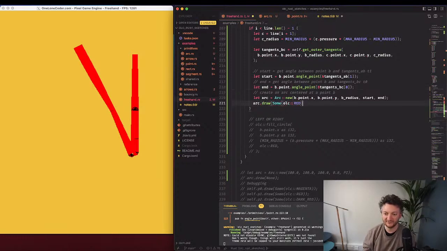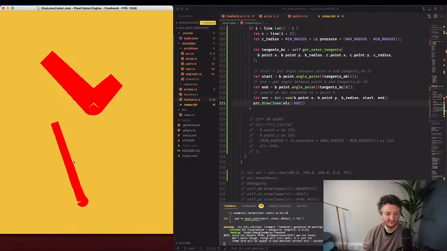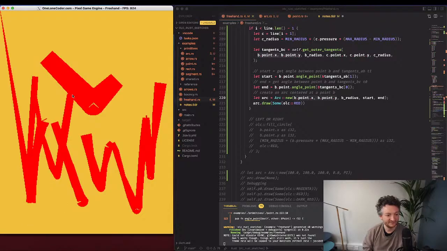I think I have to say some. Speed up point is correct. Speed up radius, start, end. It's very strange, I don't know how to say that. It's like, oh, that's wrong.